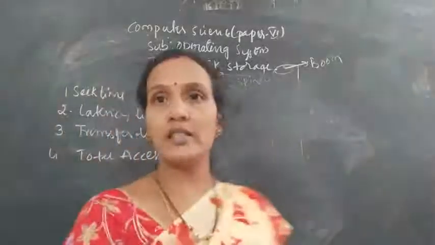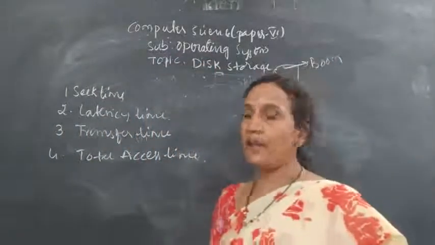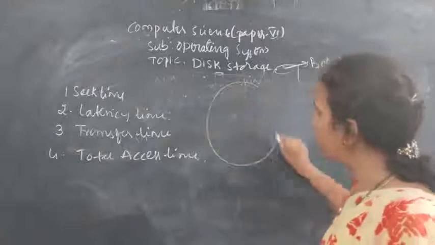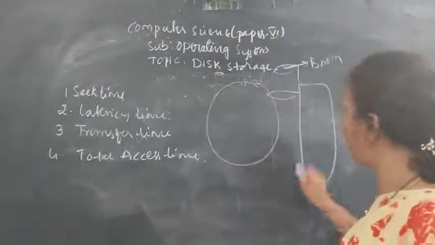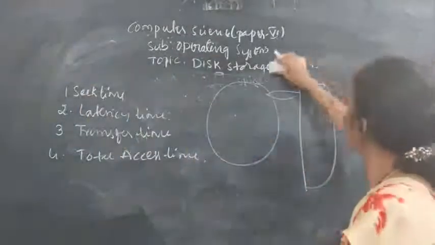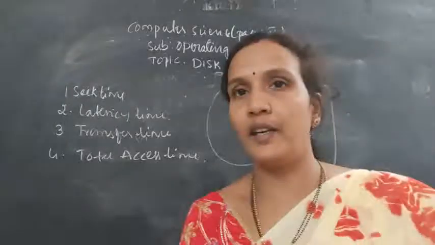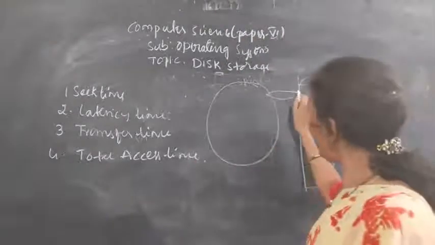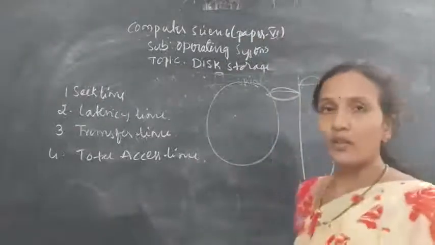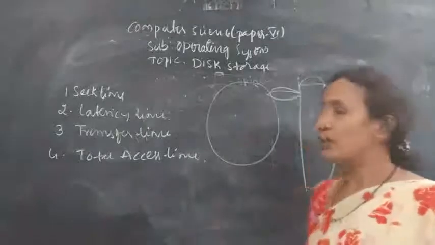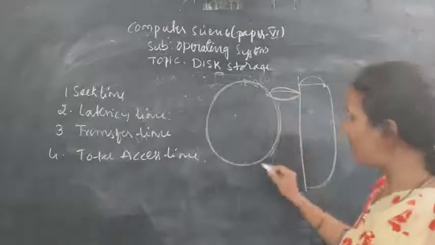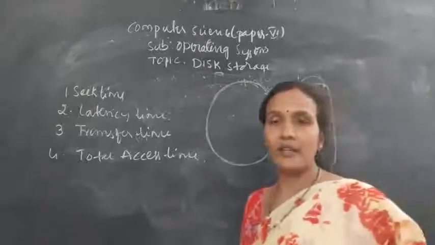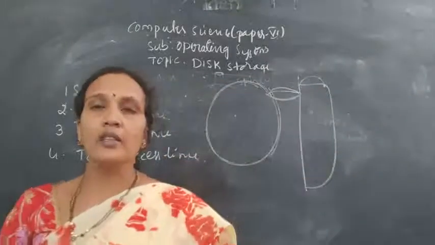Actually, what is the seek time? Example, this is a track, this is a read and write head, and this is a boom. So whatever time is required to locate the track is called the seek time.